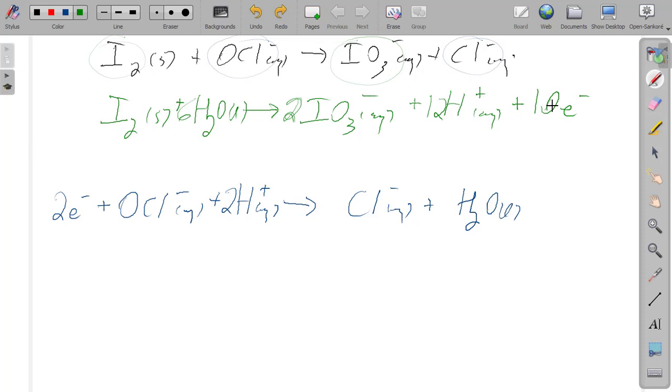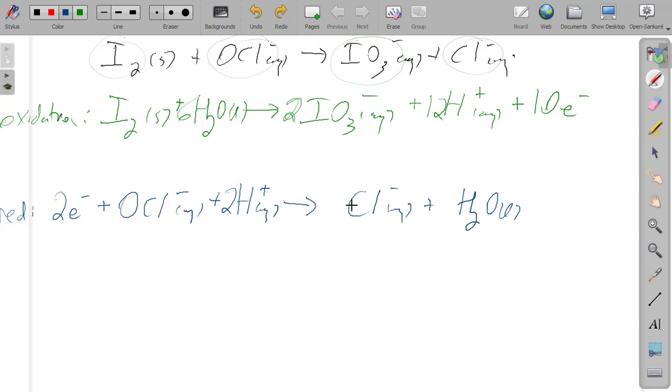Because the electrons are on the product side, this is the oxidation half reaction. The iodine is being oxidized to iodate. The equation that has electrons on the reactant side then is the reduction. And so we're going to use those electrons to reduce the hypochlorite to chloride. So you need to be able to label the 2 half reactions.